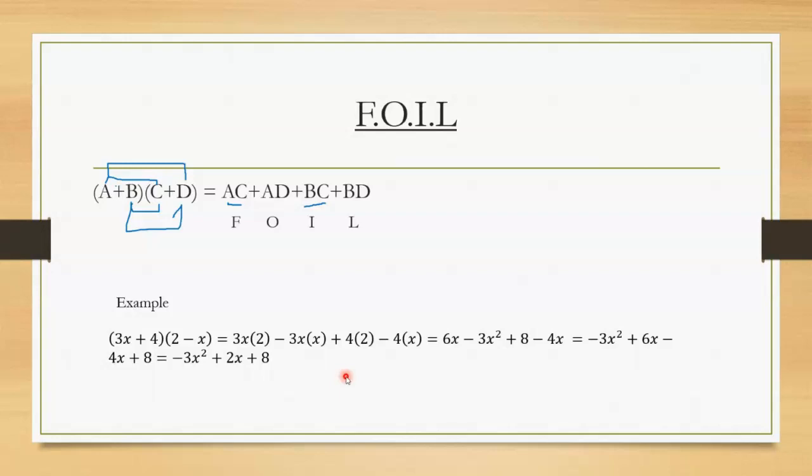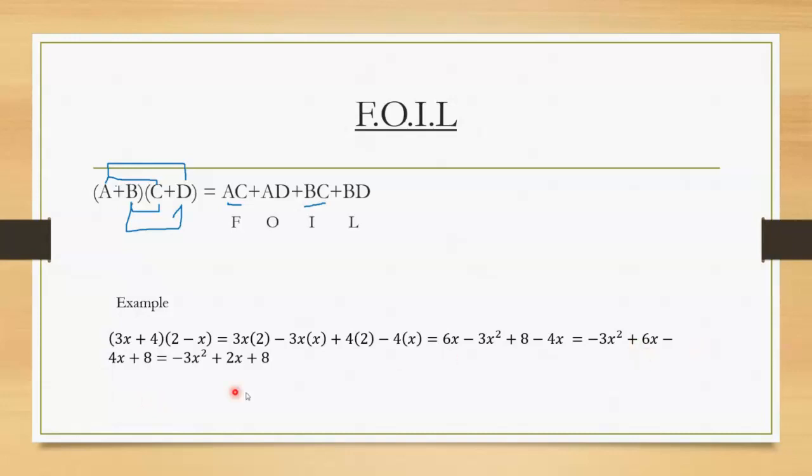Okay. And of course, after you actually multiply the monomials, you can see there is some cancellation, mostly because we have like terms. We have 6x and we have minus 4x. That's why I wrote this, although I showed it on a different line probably, but that's okay.